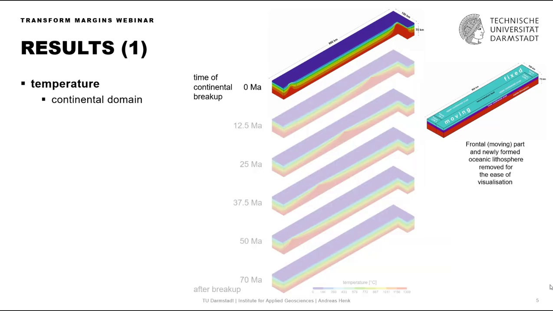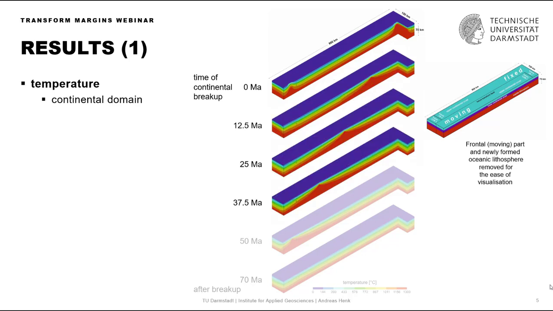At the time of continental breakup, the asthenospheric upwelling causes prominent positive thermal anomalies in both rift segments linked by the transform fault. As seafloor spreading moves the ridge away from the rifted margin segments, these regions experience post-breakup cooling. During the subsequent ocean-continent transform development stage, heat conduction from the adjacent oceanic lithosphere becomes important for the temperature of the transform margin on the leading side of the traveling ridge.